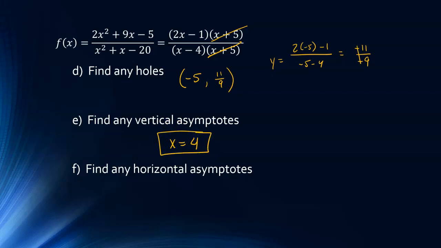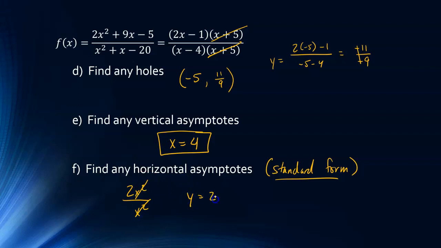To find any horizontal asymptotes, again, that's where we look back before we got it in factored form. So go back when it's in standard form. You must go back and look at it when it's in standard form. In standard form, the numerator's leading term is 2x squared. The denominator is x squared. So the x squares cancel out, leaving us with 2.